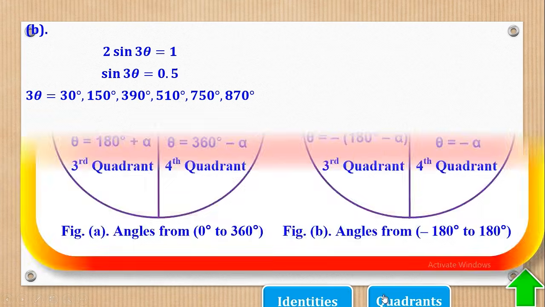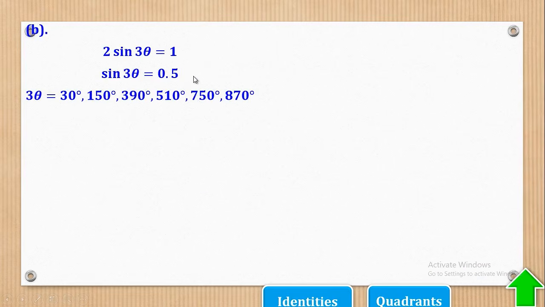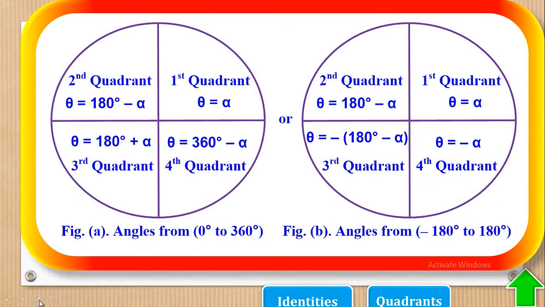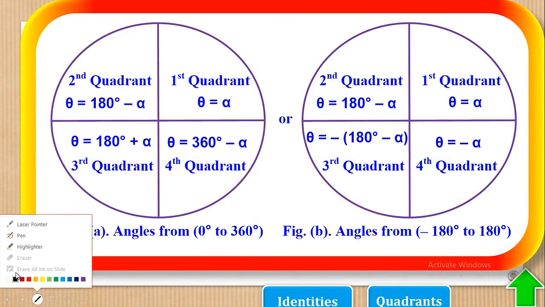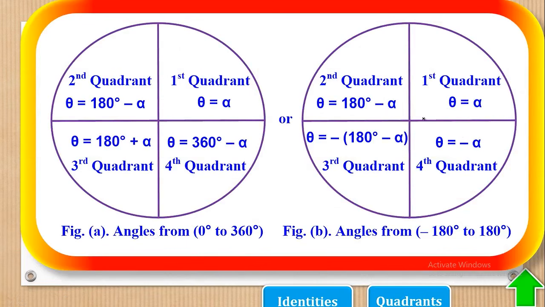Let's first see how to generate the first 2. For the first 2, sine is positive. Because it is positive, it will lie in the first and second quadrant. For the first quadrant angle, you know how to get it. Then the second quadrant will be 180 minus alpha.